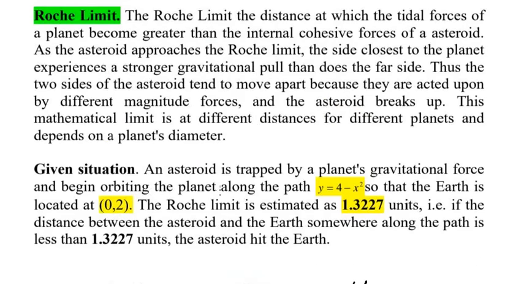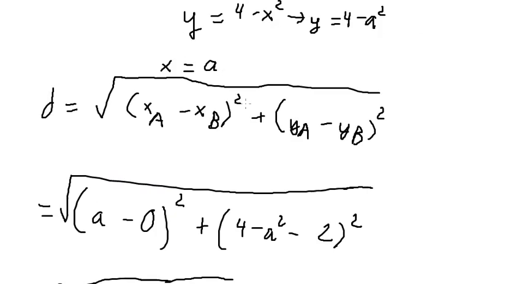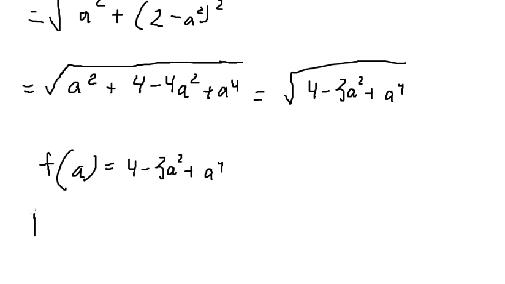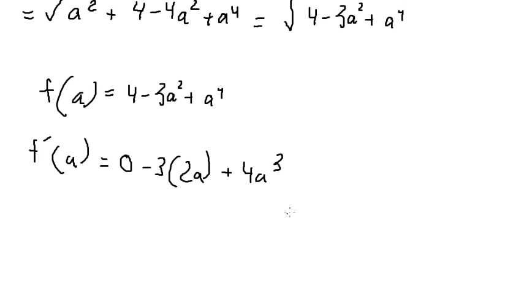To find the minimum distance between the asteroid and the Earth, we need to first find the derivative of the function. First derivative of 4, we have 0. First derivative of a squared, we have 2a. First derivative of a to the power of 4, we have 4a to the power of 3.